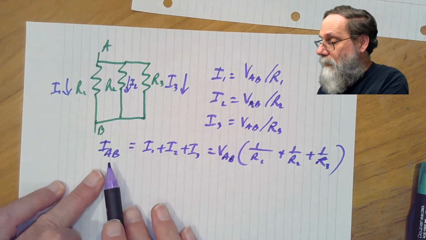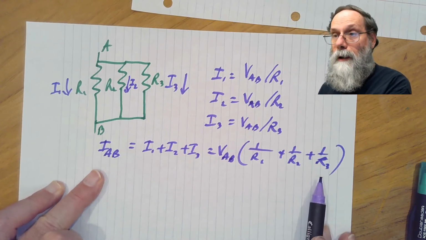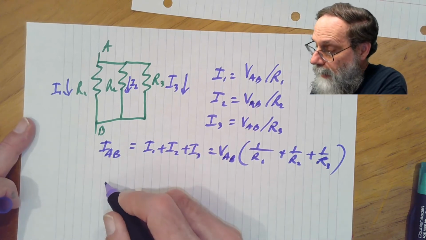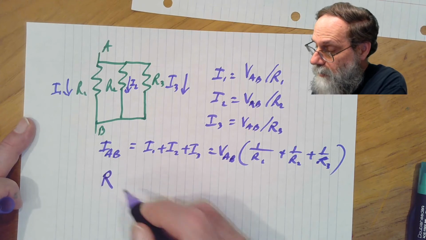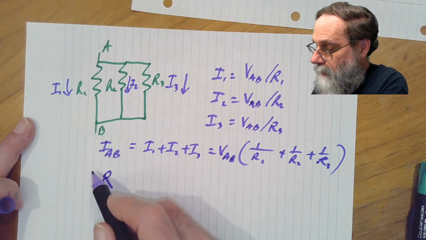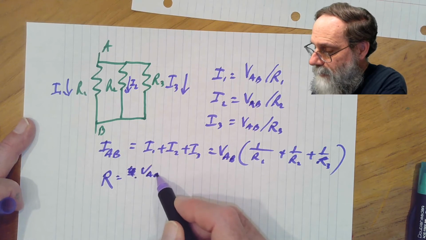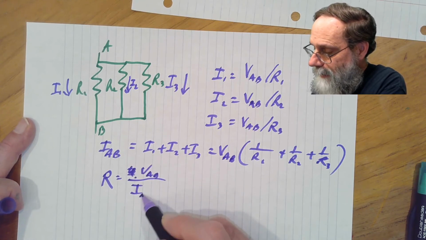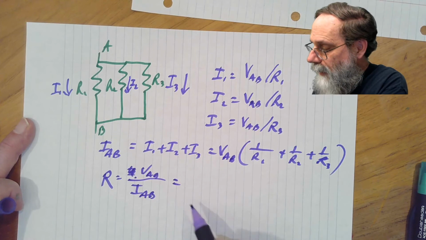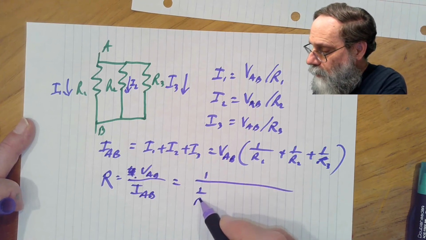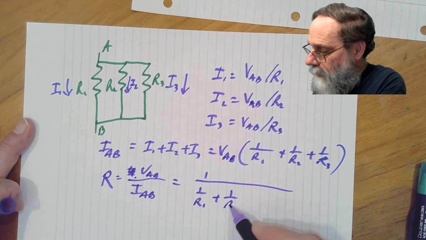But this now is back in the form of Ohm's law. And what we end up with is that the resistance, which is VAB divided by IAB, is going to be 1 over R1 plus 1 over R2 plus 1 over R3.